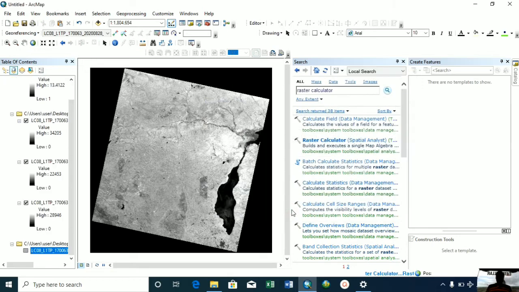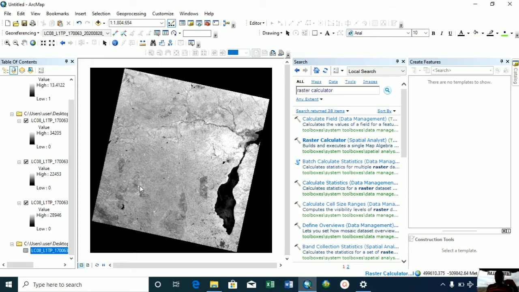And then you have to run it, and the next step is to calculate the NDVI. NDVI means normalized difference vegetation index. You get this by taking the ratio of band number 5 minus band number 4 divided by band number 5 plus band number 4.